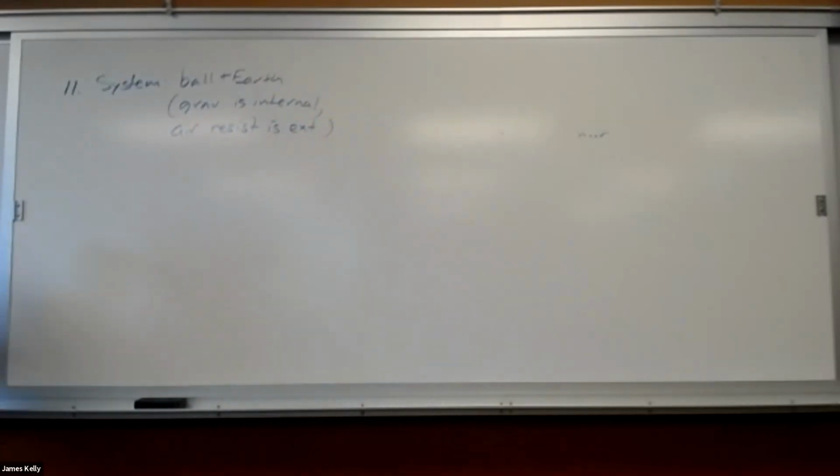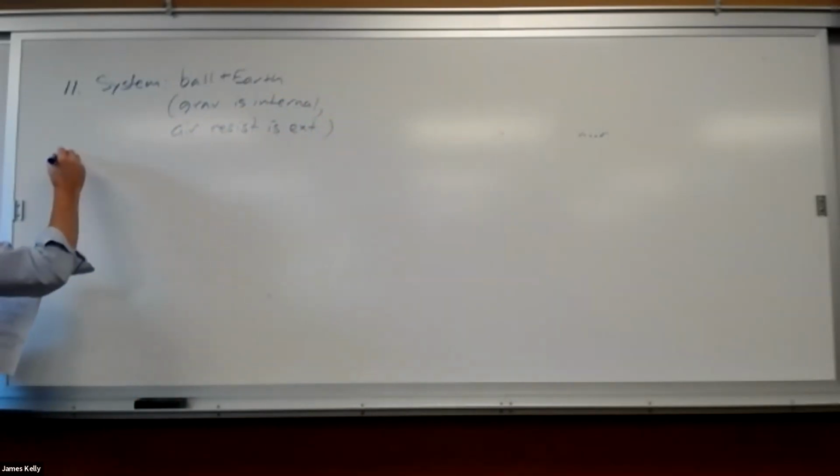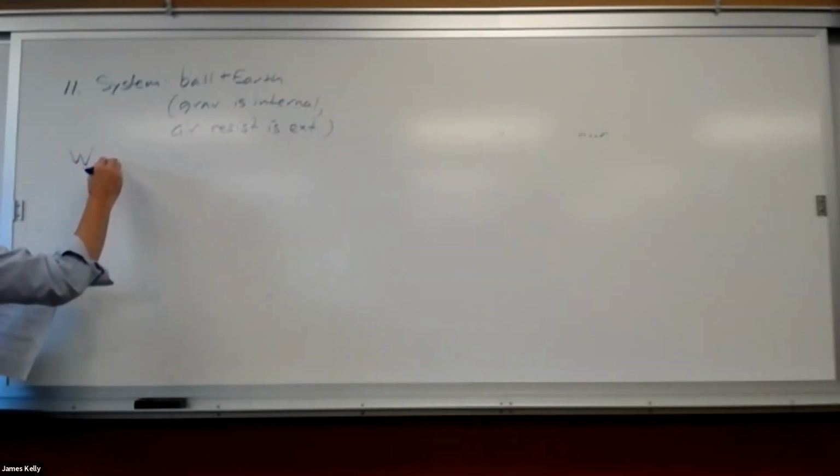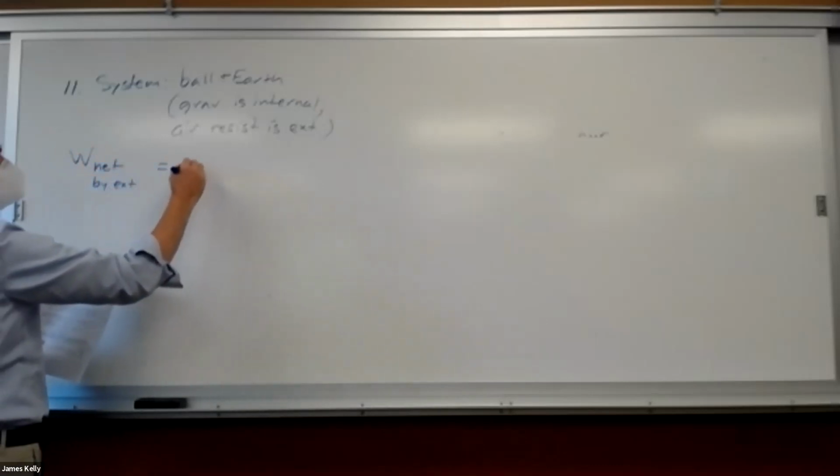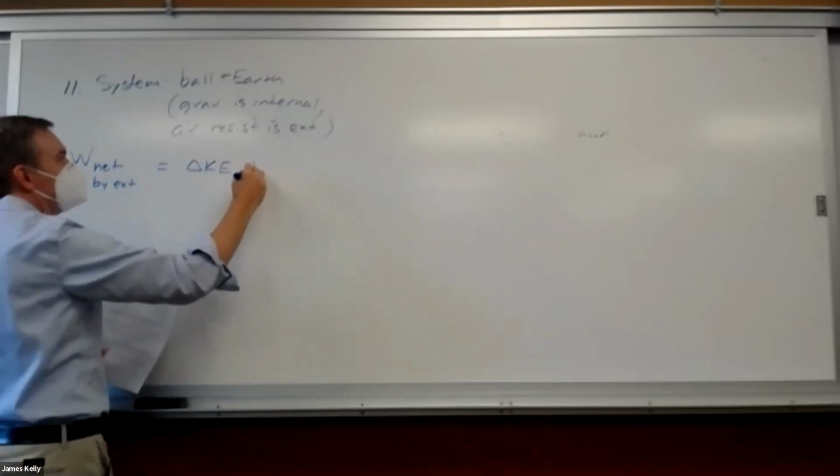Okay, so let's see what we know. I'm going to take initial to be right after it's launched, and final to be when it rises to its maximum height. That's what's going to define initial and final here. And let's do the net work done by external forces is equal to delta KE plus delta PE.